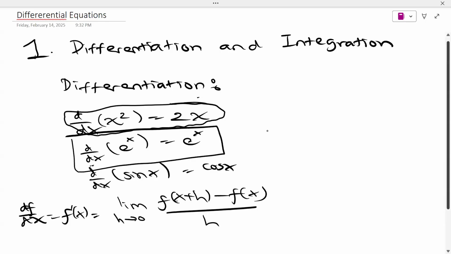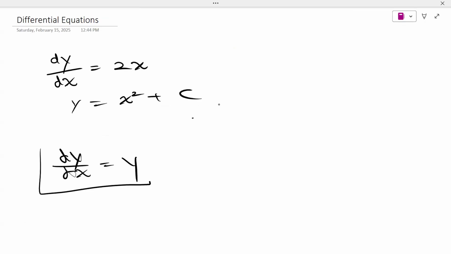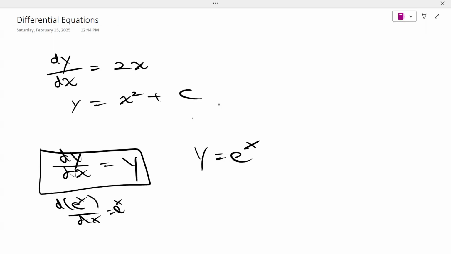You can see this is basically the same as this equation, right? So we can guess y equals e to the x. And if you check the left-hand side, the derivative of e to the x is e to the x. And this is true.